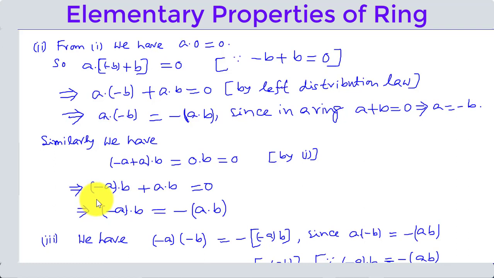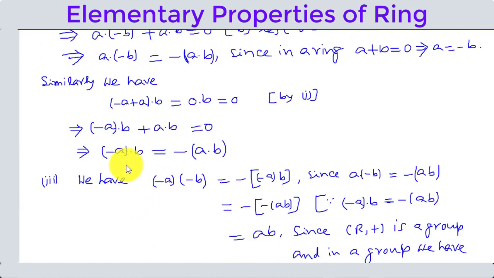Implies that minus of a dot b plus a dot b is equal to 0. Implies that minus of a dot b is equal to minus of a dot b. This proves second part.